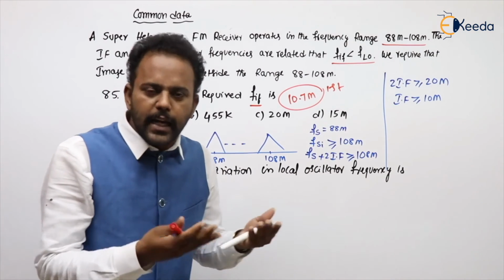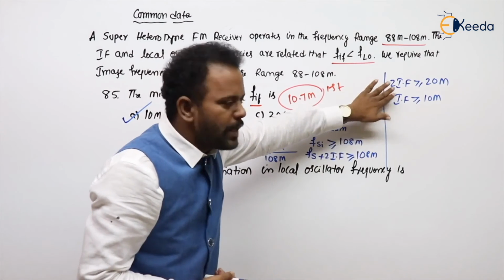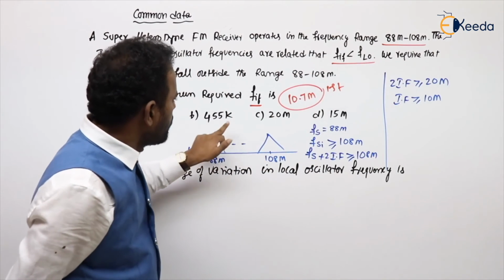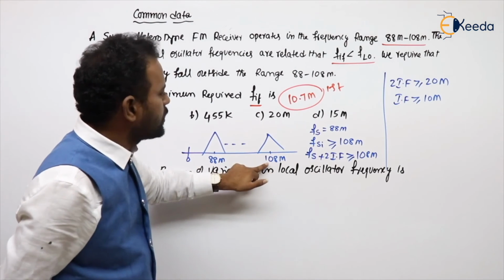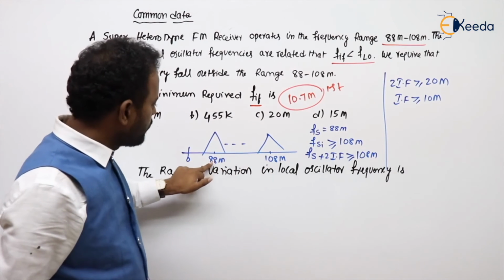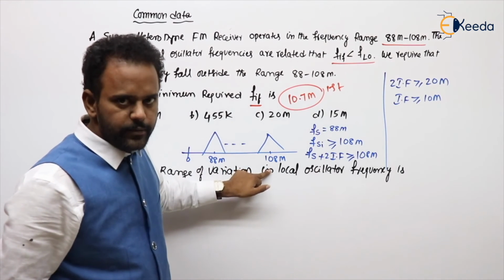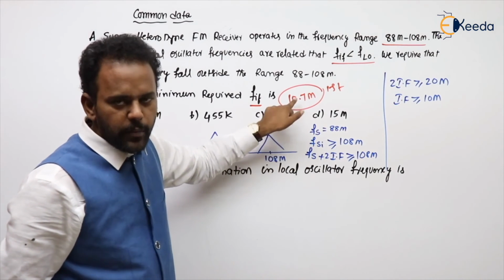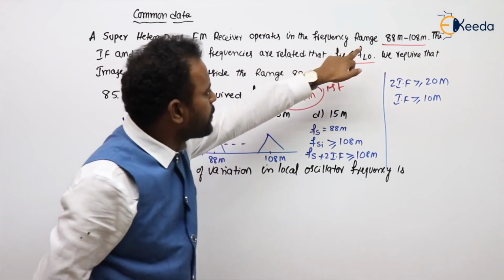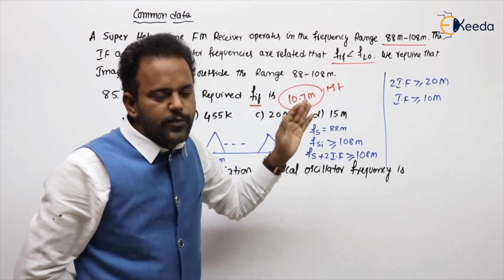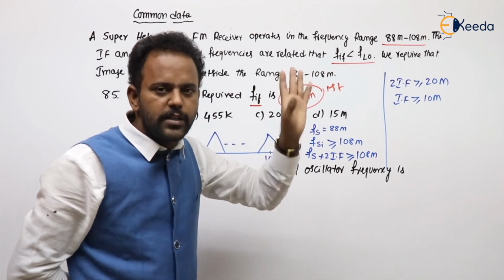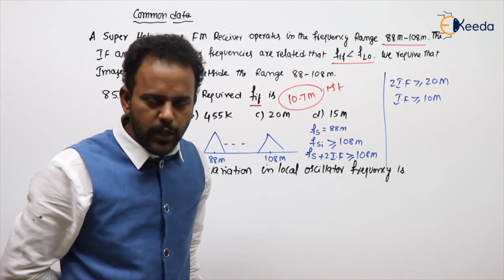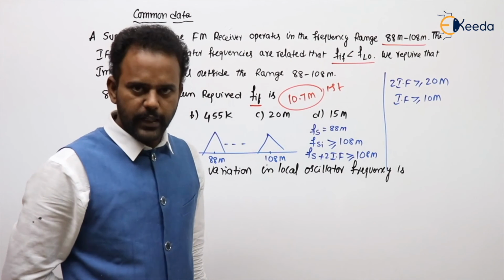If any other ranges are given, calculate from the mathematical concept only. Here the question is that we need to get the image outside the tuning range, tuning from 88 to 108. Clear? If 10.7 is given, consider it, because this is a practical range. For any other ranges, for example 48 to 58, 58 to 68, or different ones, go with the normal mathematical calculation only. Don't bother about that. Clear?